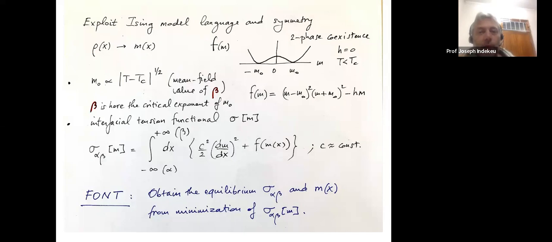Not quite, because the integration variable is not m, but x. But I could write this second term as f multiplied by dx/dm, so I could change the variables, and then you would see better that I'm actually integrating over this f function.